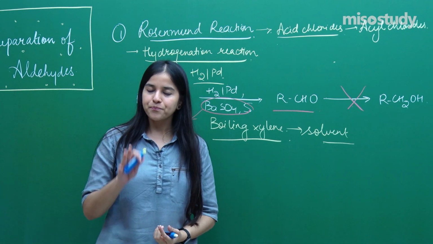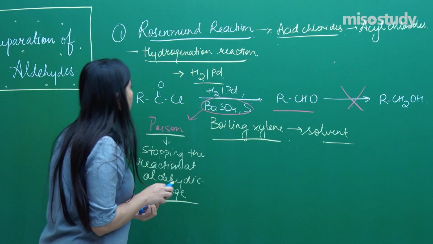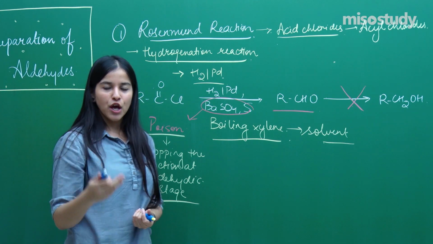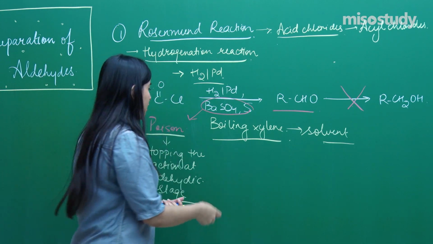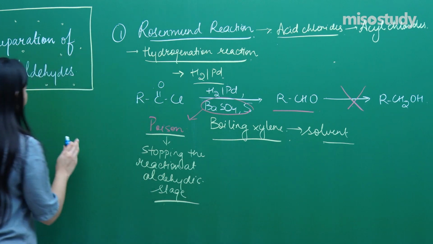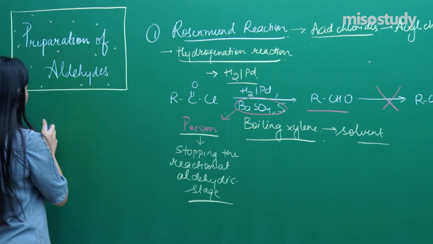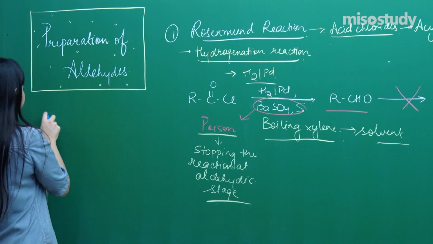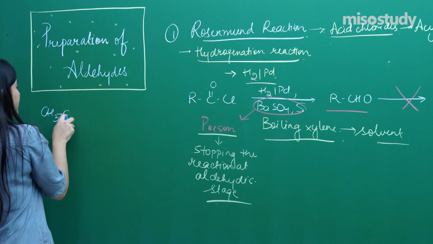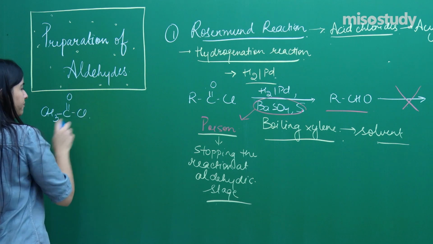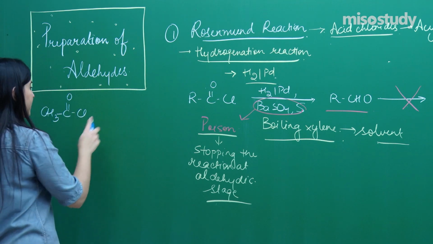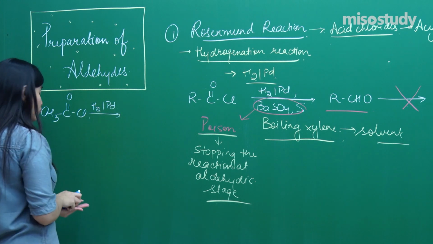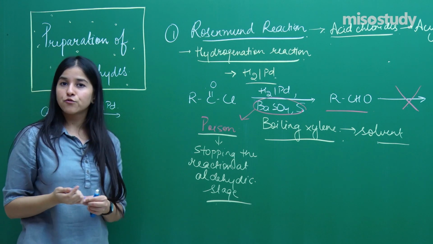Clear with the idea? Now if I am replacing this R with different groups, what will be the products formed? So let's just discuss that. So here I am writing down, instead of this R, let's say I have an acyl chloride, performing the reaction with H2/Pd. Do not forget to mention BaSO4 and sulfur.